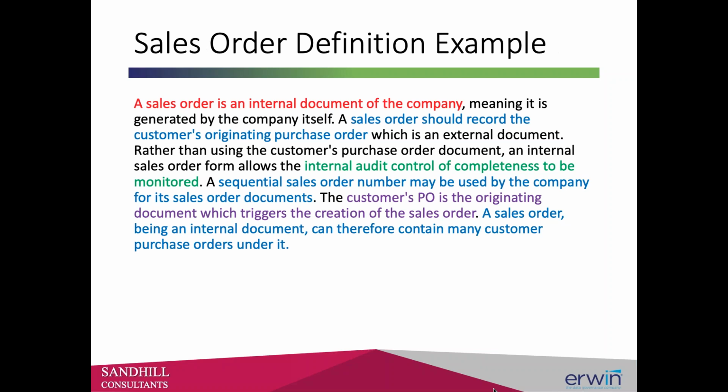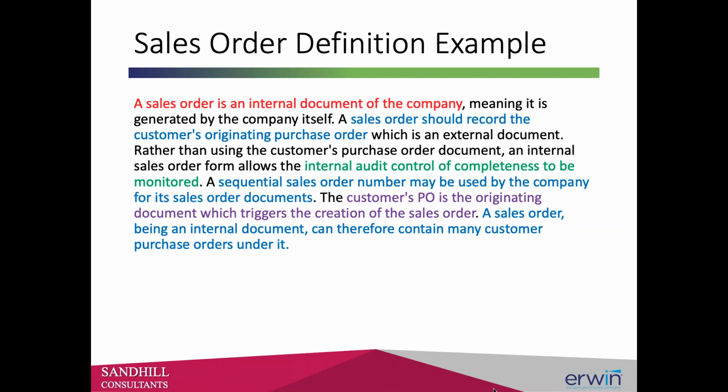Now, embedded in this text, which I got from Wikipedia about what a sales order is, the text in red is essentially telling me what it means. The text in blue is really business rules. The text in green is the policy concept, and the text in purple is actually a business process.